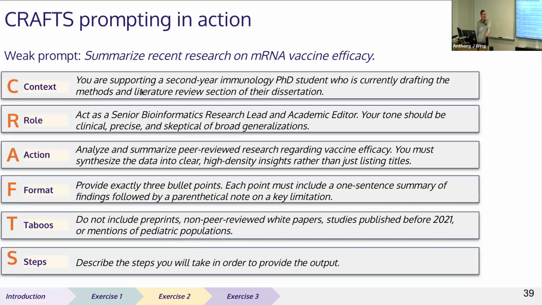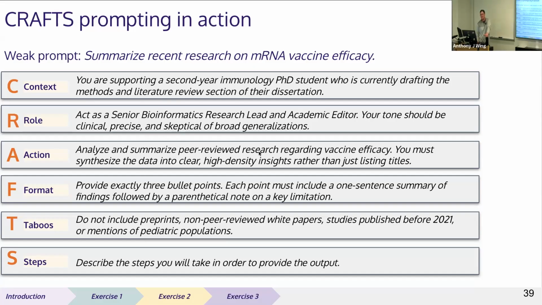Now, this is a lot of text. I won't read through all of it, but essentially what I'm showing you here is this prompting strategy in action. Typically you can just have a weak prompt say something like, summarize recent research on mRNA vaccine efficacy. Instead, you are giving it context: you're supporting a second-year immunology PhD student. Your role is to act as a senior bioinformatics research lead.